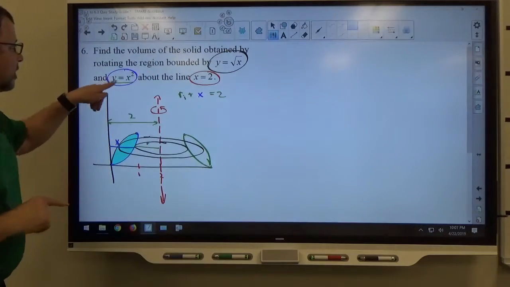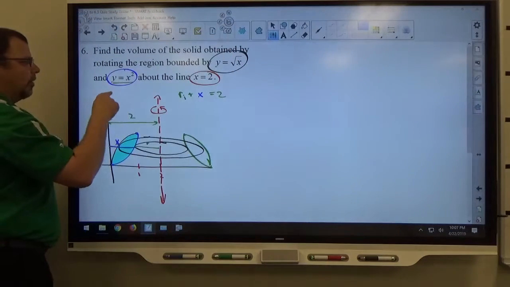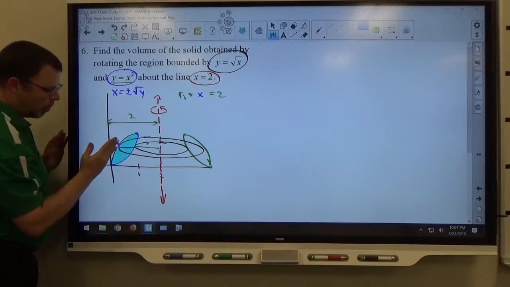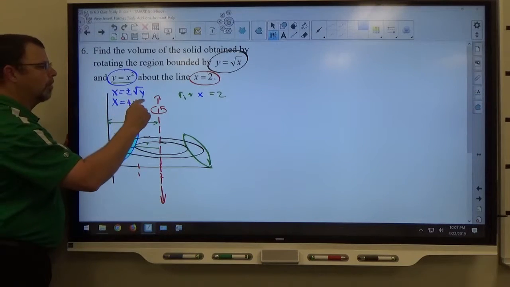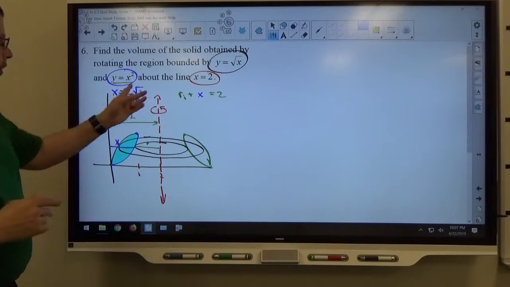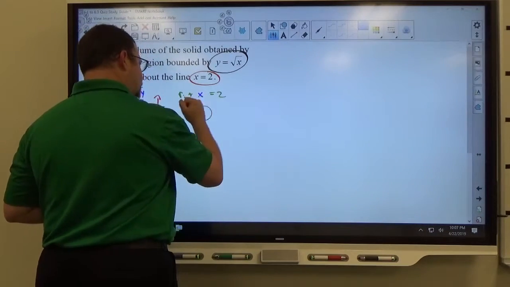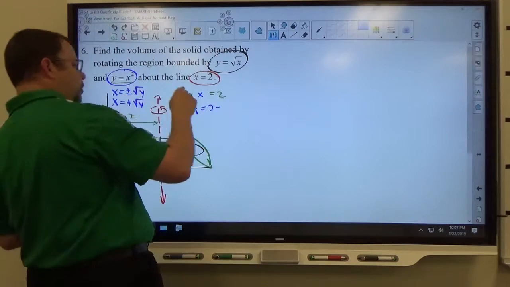All right. This doesn't say x equals, it says y equals. So obviously if I come over here and make this say x equals plus or minus the square root of y. Well, all these x's are positive, so we're going to go x equals positive the square root of y. So for the inner radius of this thing, inner radius should equal 2 minus the square root of y.